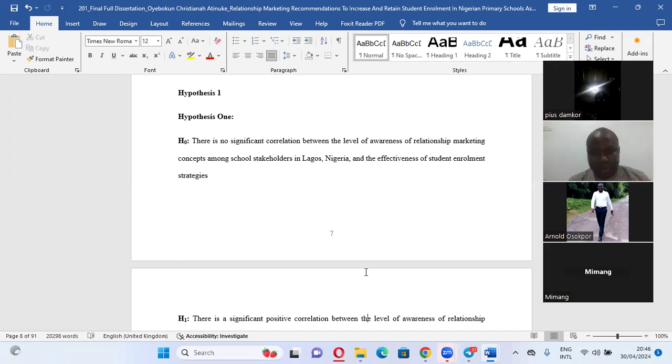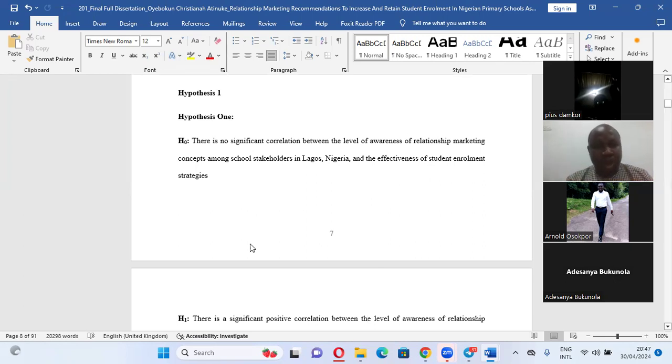So that can still happen. The major thing is that you must at least use one or two inferential statistics techniques in your work, either master's or PhD. Undergraduate, well, people can still excuse you. But when you're dealing with a master's and PhD, you must have at least one or two inferential statistics in your work. And if your objectives are descriptive, the next item should be the hypothesis, where you can use inferential statistics.